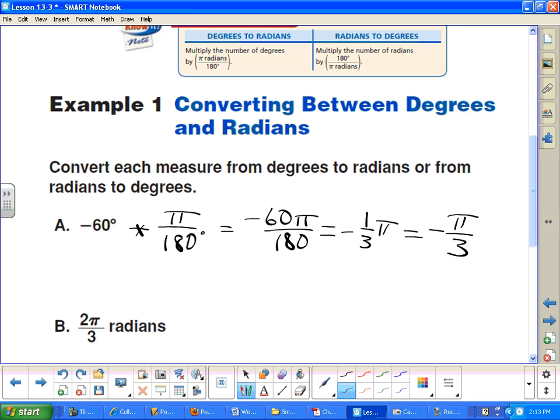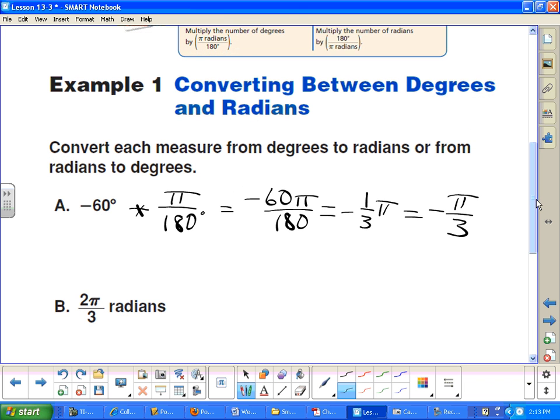All right, so we won't write it as 1/3 or 2/3 or whatever. We'll put it as negative pi over 3. And we're always going to leave pi there. You're not going to use 3.14 and try to find a decimal number. It's always going to be a simplified fraction.